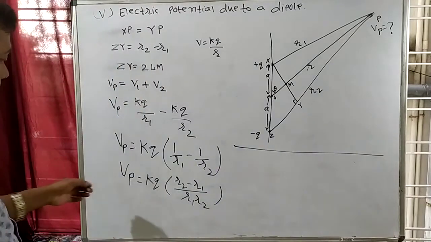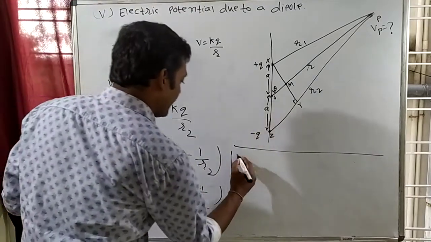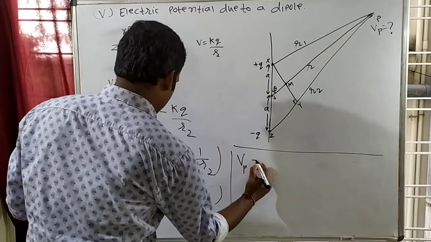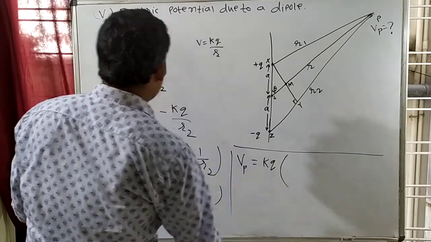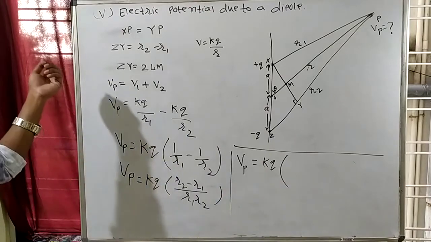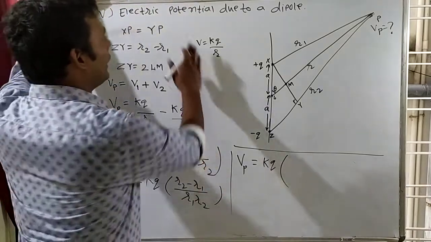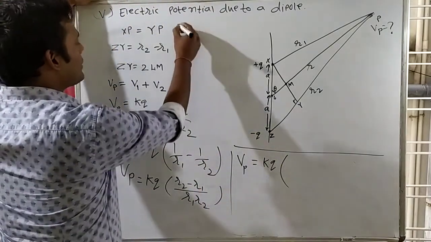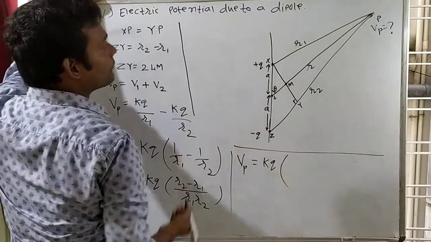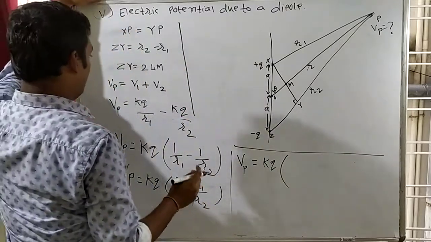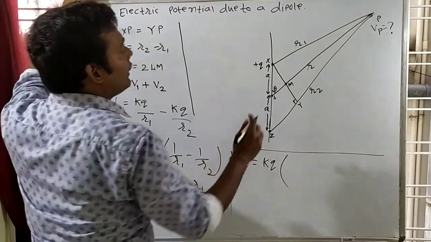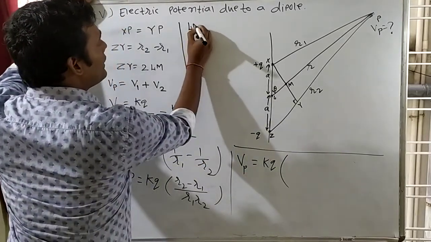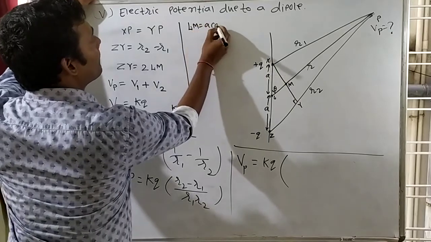Now see this thing here. Can we write that the potential at point P is equal to KQ? Achha, what will be R2 minus R1? Now see here, R2 minus R1. This thing is R2 minus R1, that is ZY. Achha, see, can we write that LM is equal to A cos theta?